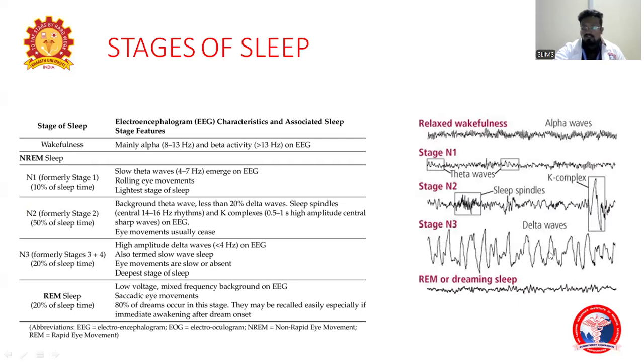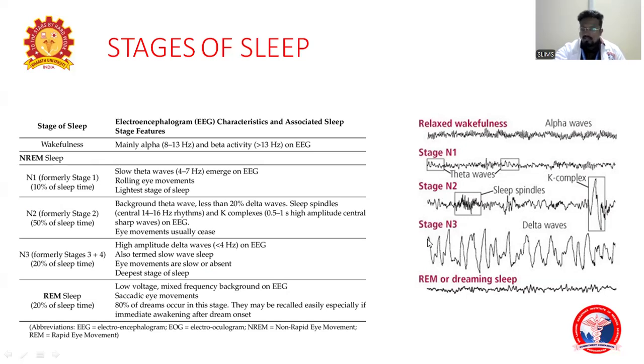These are the sleep wave measurements. In relaxed wakefulness, there are majorly alpha waves. In stage N1, we mostly see theta waves. In stage N2, sleep spindles and K complexes are seen. The K complex is the highest peak point, seen in stage N2.